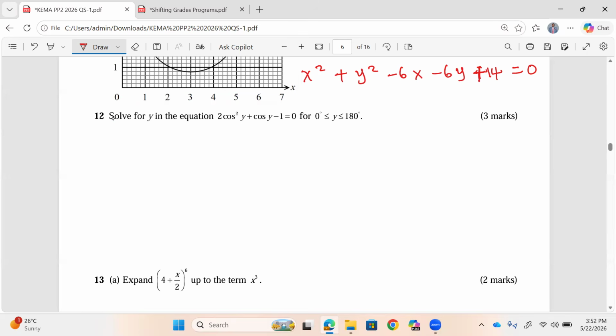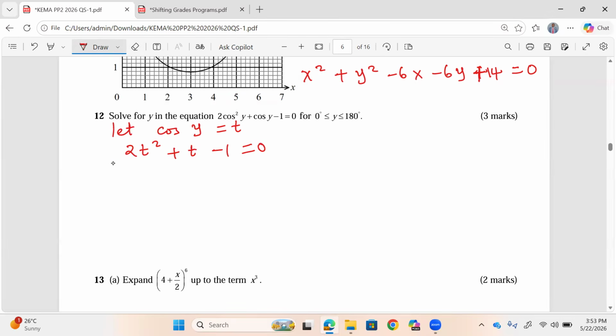So let me say we can let the cosine of y be a different unknown like t. So that we have 2t squared, because cosine of y has been squared there, plus t, instead of cosine of y, minus 1 equals 0. We solve this one quadratically.